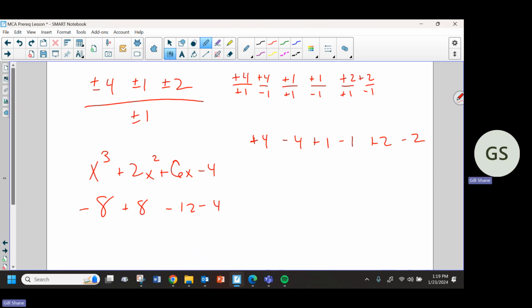So again, you find the possible rational zeros, and then you plug in those possible rational zeros to see if any of them give you 0. And if they do, then that's a rational zero. You also do need to understand that i comes into play in something like that.